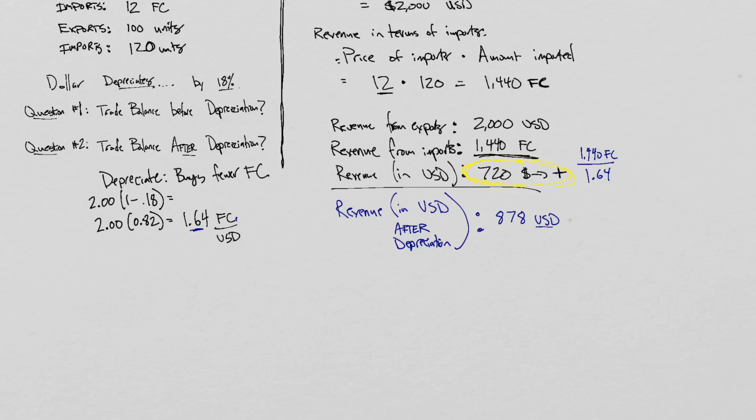And this is the idea behind something called the J-curve adjustment path. Countries sometimes try to increase exports because they want to promote economic activity, and one way they'll try to increase exports is by lowering the value of the currency, by devaluing or depreciating the currency. And the thing about that is there's this sort of J-curve dynamic where the effect that has on the balance of trade is to initially cause a detrimental impact.